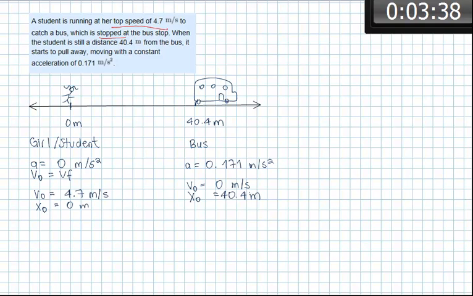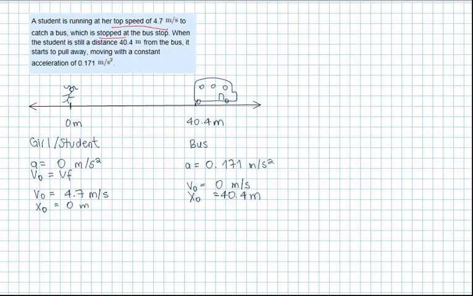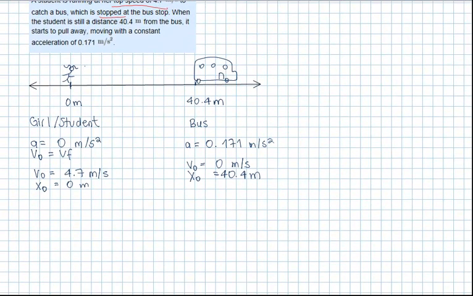Okay, so the first thing we are asked for is to find how much time the student has to run at 4.7 meters per second before she overtakes the bus. Let's name her Susie, because she's late for school.